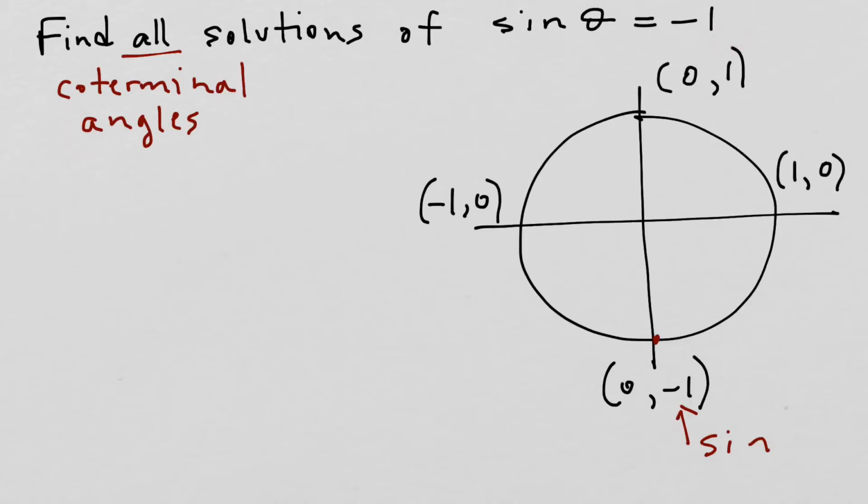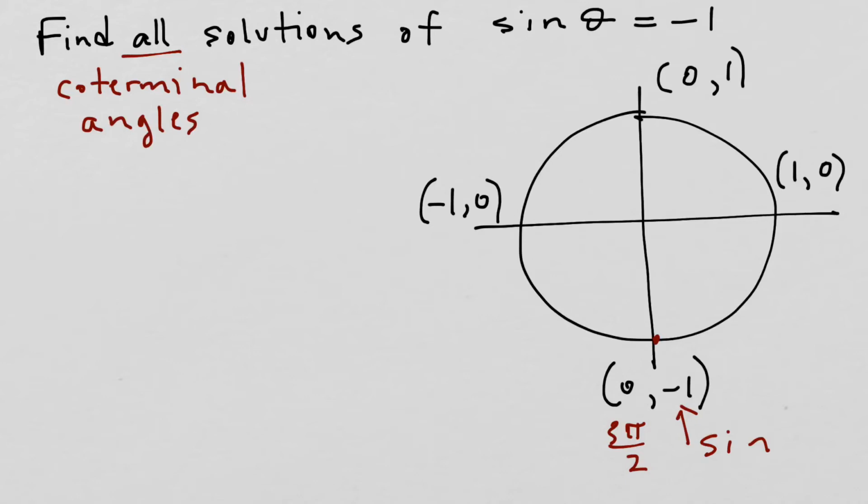Well, sine equal to -1 occurs down here at 3 pi over 2 radians. In order to hit that point again, I'm going to have to go full circle, either the positive direction or the negative direction. Let's just write our positives here, just so we don't get too messed up.